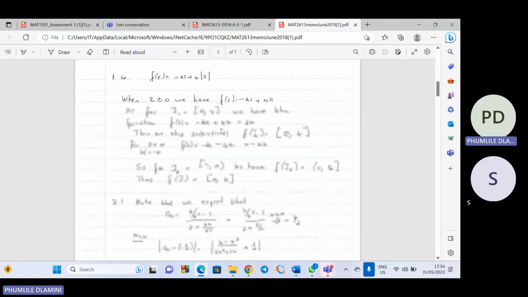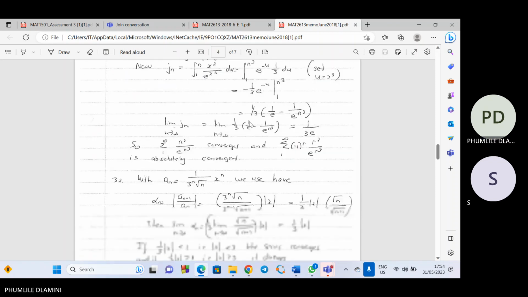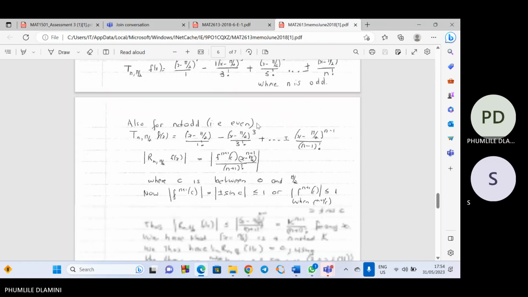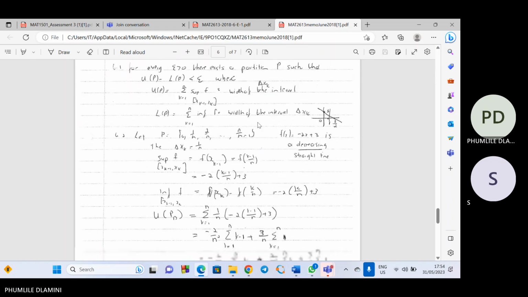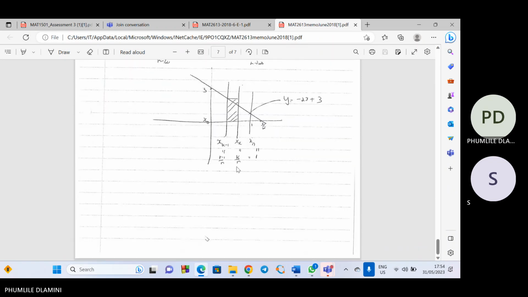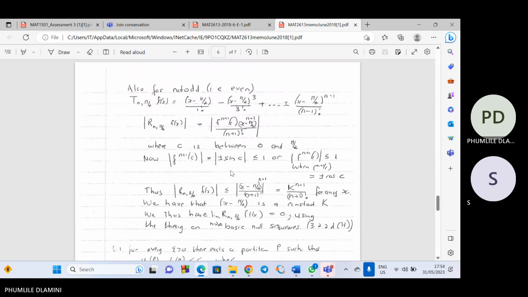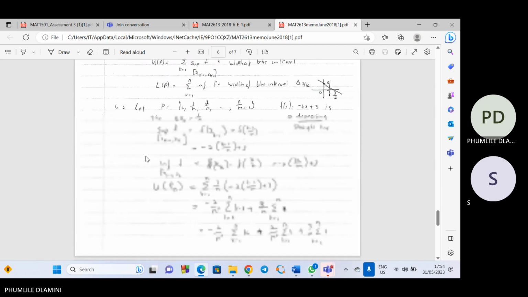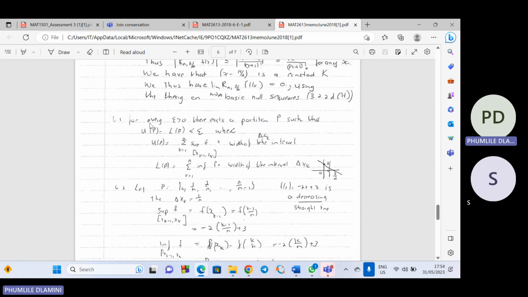So if you check here in your memo, (6.1), there exists a partition P such that you will have that U(P) minus L(P) equals that.